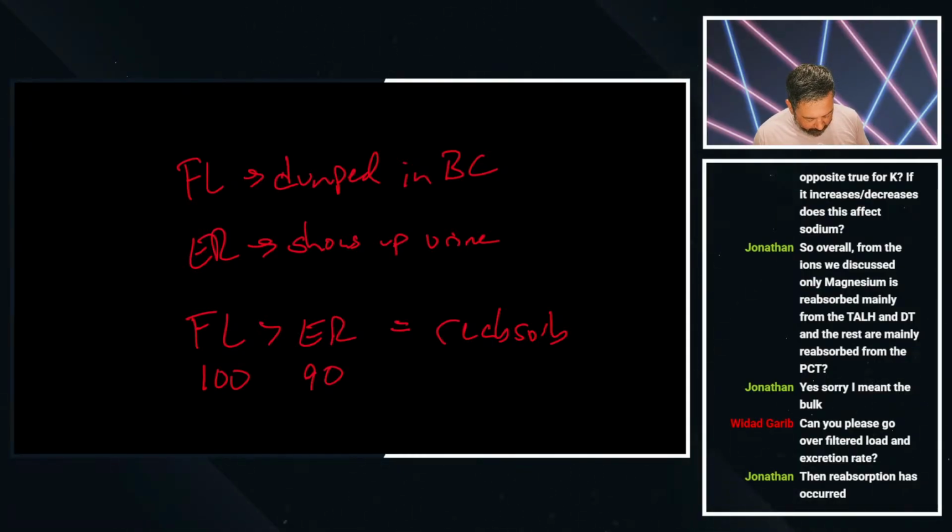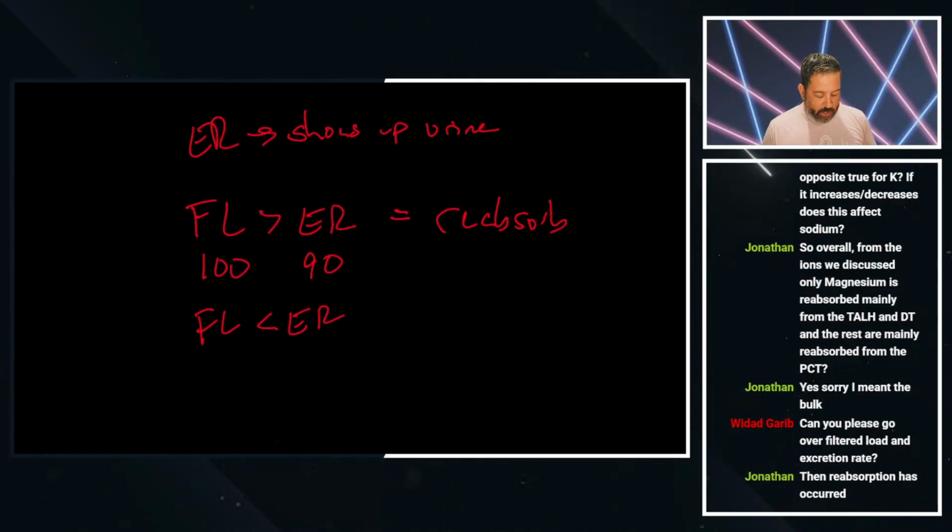If the filtered load is less than the excretion rate, that means that if you dumped in 90 units in the filtered load in the Bowman's capsule, but in the urine there were 100 units of that substance, more of it got there. Where did that extra come from?